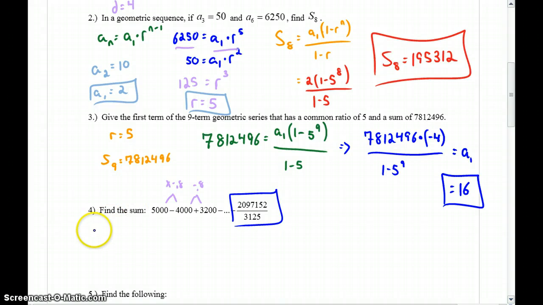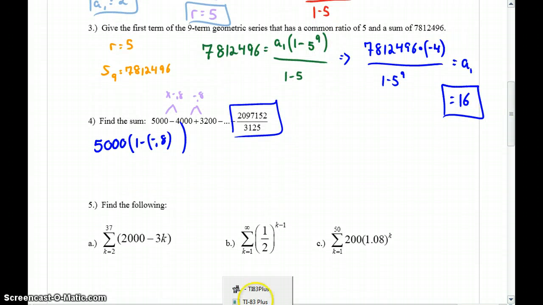The first term is 5,000. 1 minus the common ratio. Uh-oh, I do need the number of terms, because I need it to the nth power. So let's figure out how many terms there are here.